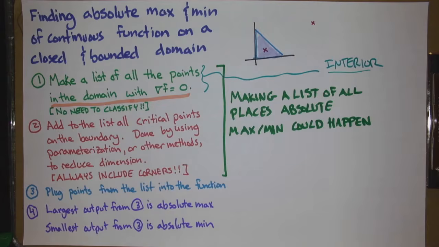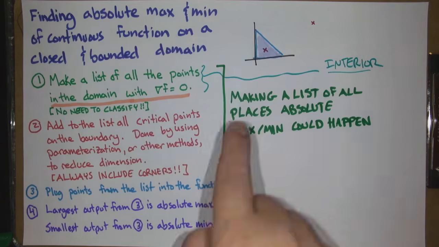Now we get to part 2. This is the long part. And it says, well, it might not just be on the inside, it might be on the boundary. So you have to check the boundary, all the boundary. Now, that doesn't mean we're going to test every single point, but what we do is we say, well, let's test the corners. We always include corners. They're just a given.